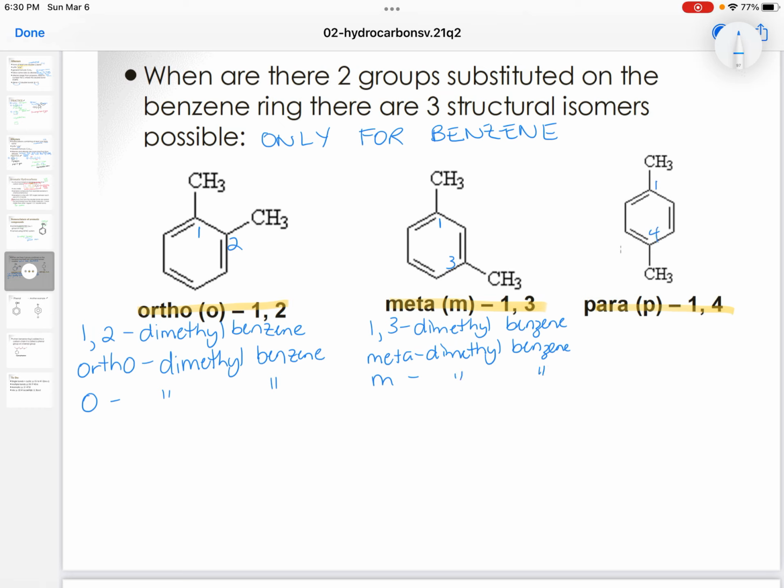And when you have carbon 1 and carbon 4, then we call that para. And this is, again, one of those things that you just kind of have to memorize. So if you like flashcards in organic chemistry, you might find that to be helpful.